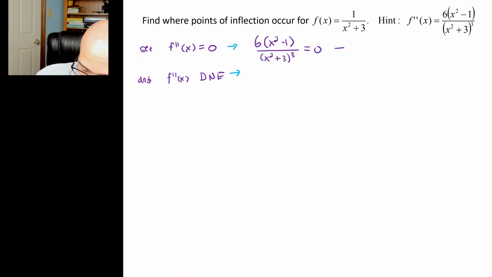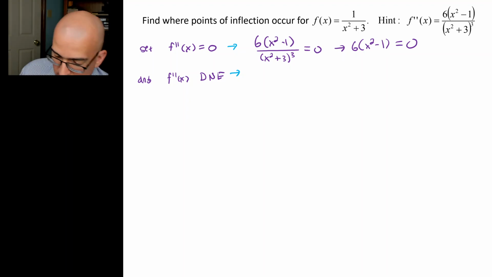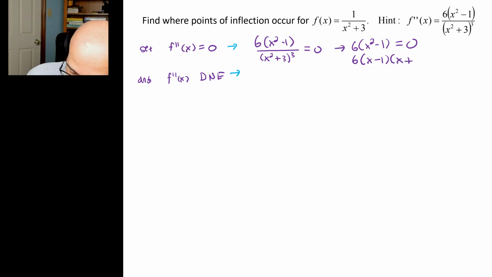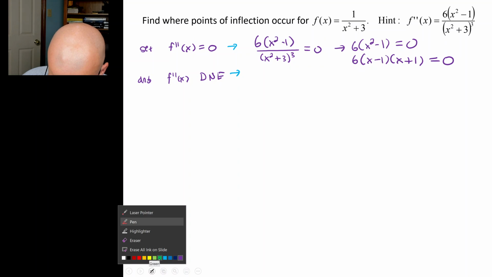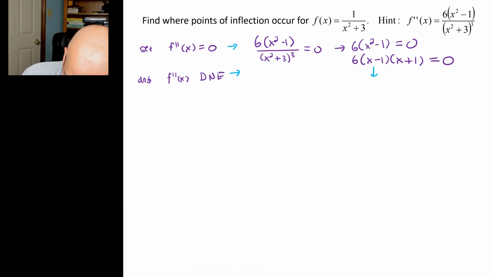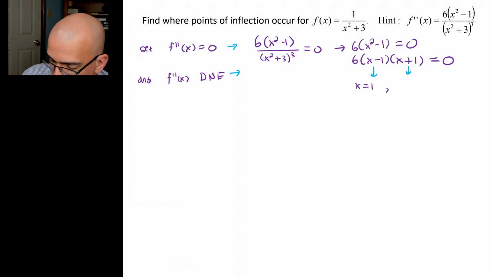I'm going to cross multiply and I'll get 6 times x squared minus 1 is equal to 0. So 6 times x minus 1 times x plus 1 is equal to 0. That's a difference of squares. I can factor it. We get two solutions: either x minus 1 is equal to 0, so x is equal to 1, or x plus 1 is 0, so x is equal to negative 1.